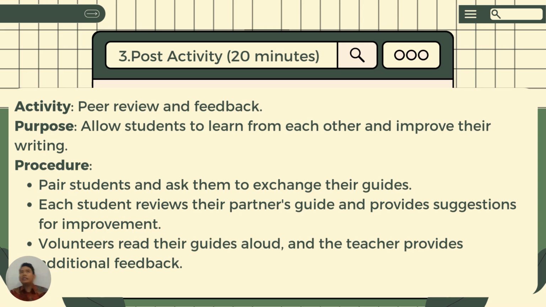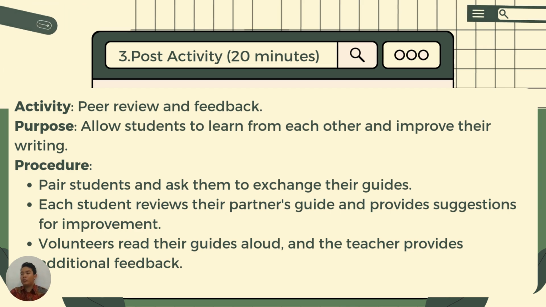So for each lesson plan, we're not just focusing on one skill. Maybe we are focusing on writing, but we're also going to assess their reading, speaking, and other skills. Not only focusing on one skill, because all the skills are connected to each other for their improvement.